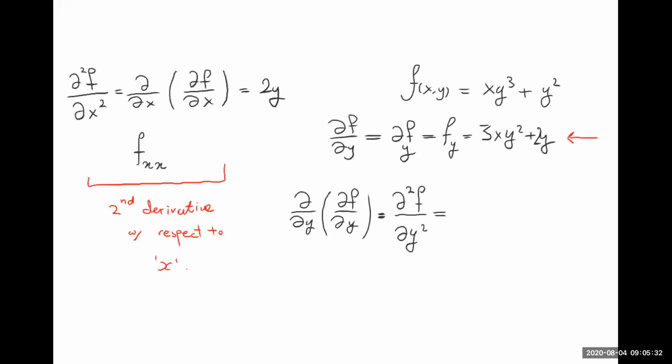We might use this notation, partial y y f. It means the second derivative of f, or f sub y y. They all mean the second derivative with respect to y, which in this case is 6xy plus 2.